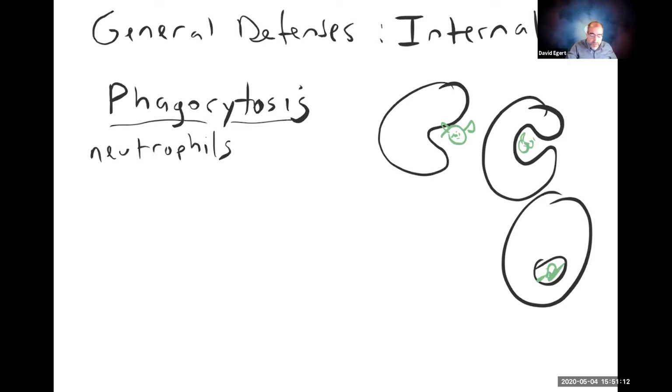And I should mention, we're saying general defenses. So how do they know what to eat? A lot of these general defenses rely on particular kinds of carbohydrates, for instance, that would only be found on a bacterial cell. So that's not specific. I'm not looking for some specific thing. I just see something that I know can't be one of my own body cells.